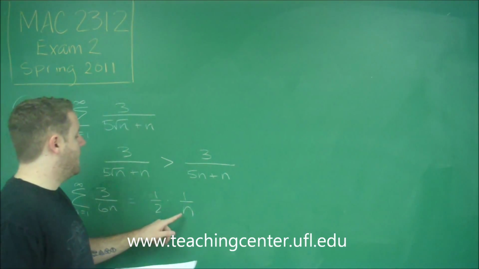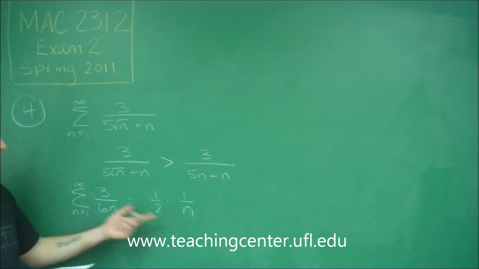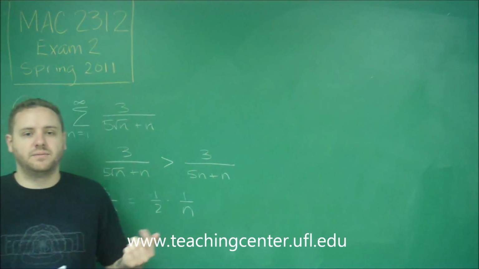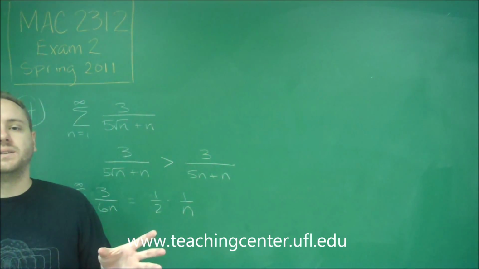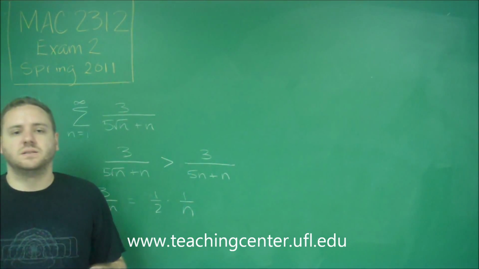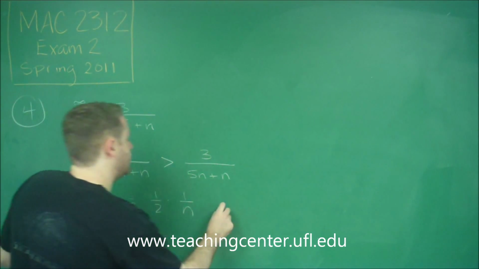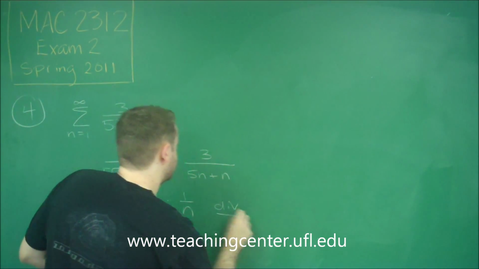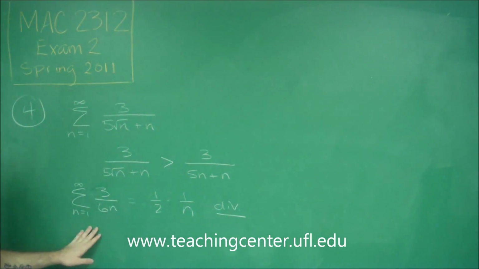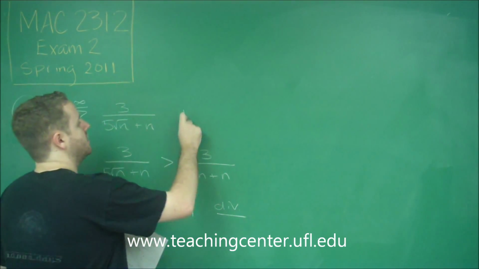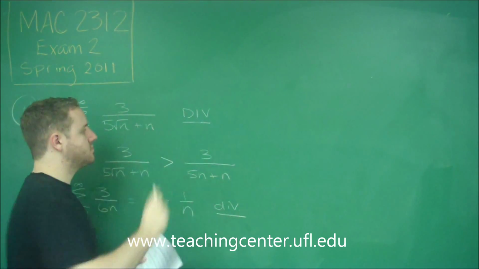So we can say here that this series definitely diverges. It's a harmonic series times 1/2. If you have a constant in front of it, as long as it's not 0, that doesn't change the convergence or divergence here. So we get that this diverges. Since this series diverges and this one's larger than it, this series definitely diverges.